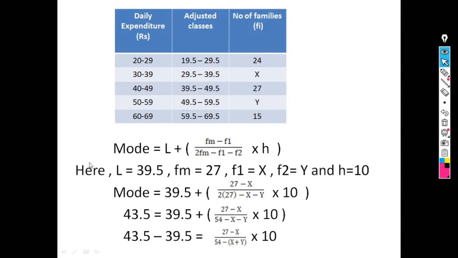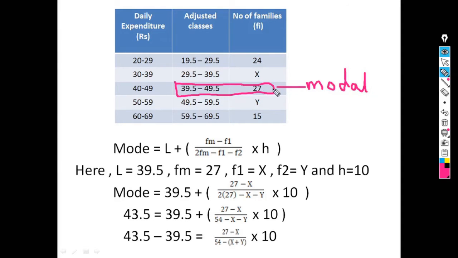Now since our modal class is already defined, the value of mode is given, that is 43.5. This is the modal class. For calculation of mode, firstly we have to define the modal class.